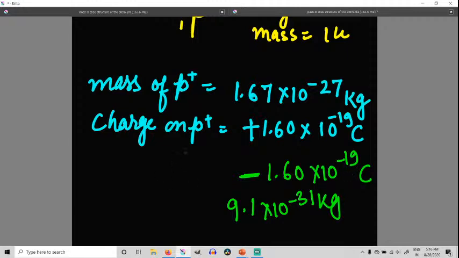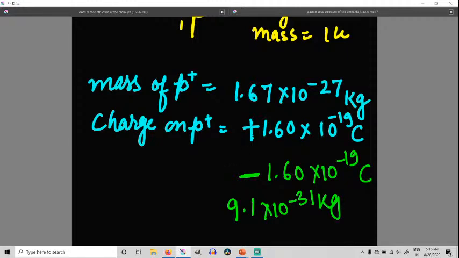And I told you the mass of proton is equal to the mass of neutron. Neutron has relative mass 1u, and proton mass is also 1u. It means both have approximately the same mass. Understood, class?